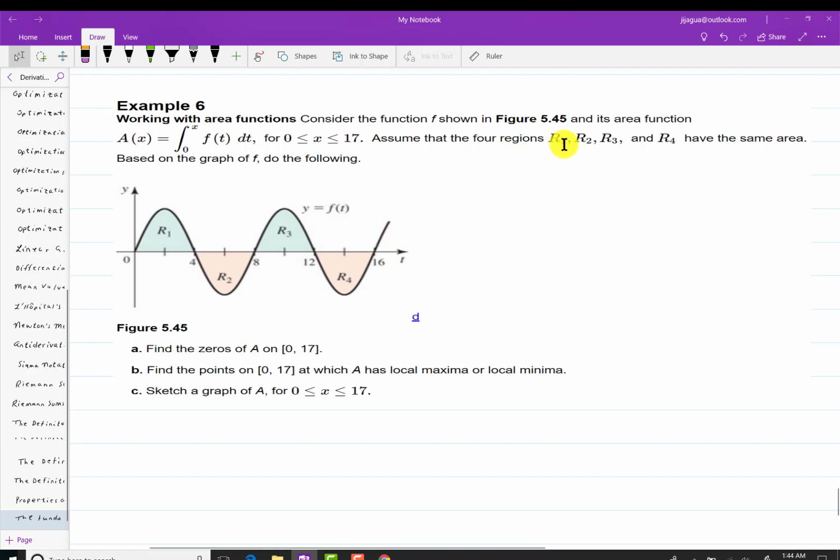Assume that the four regions R1, R2, R3, and R4 all have the same area. Based on the graph of f, do the following.